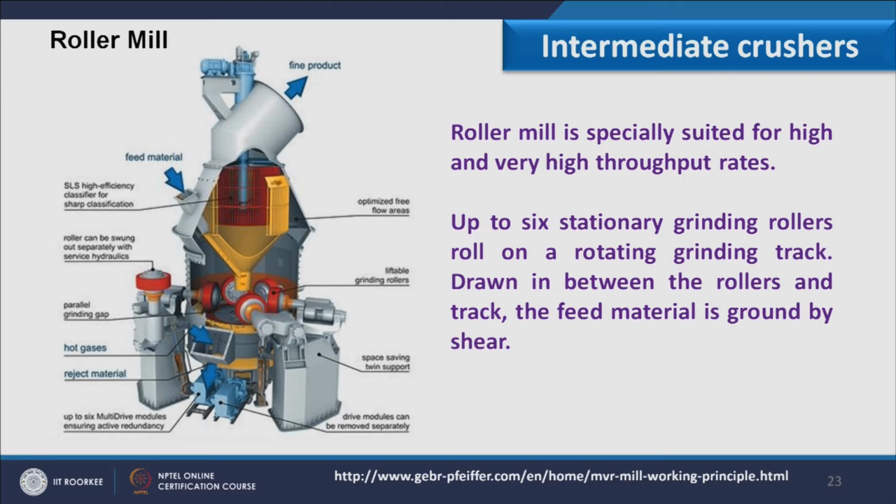The fine material resulting from the shear is collected from the top. How is it collected from the top? From this side, hot air and gases enter the mill, and these gases take the fine particles with them and exit from the top. So this is the basic working of the roller mill.